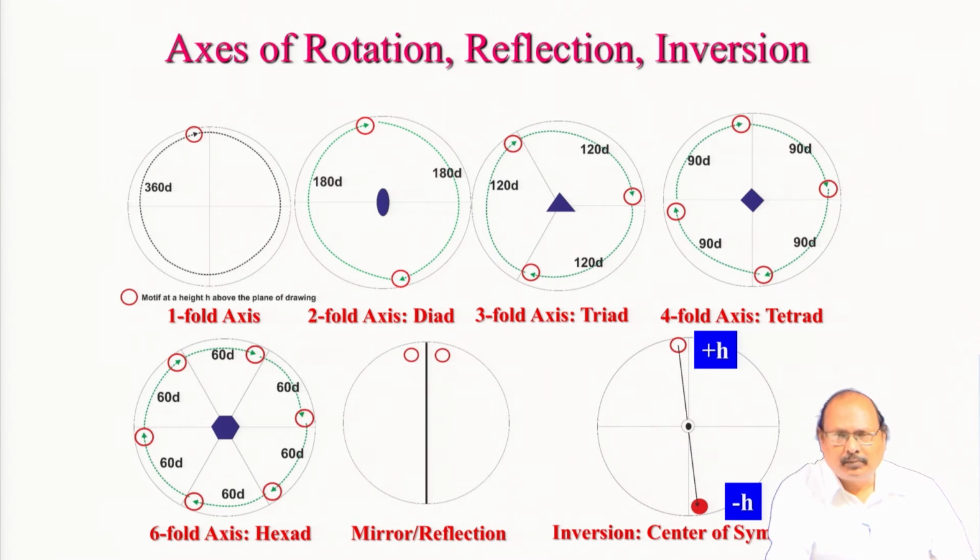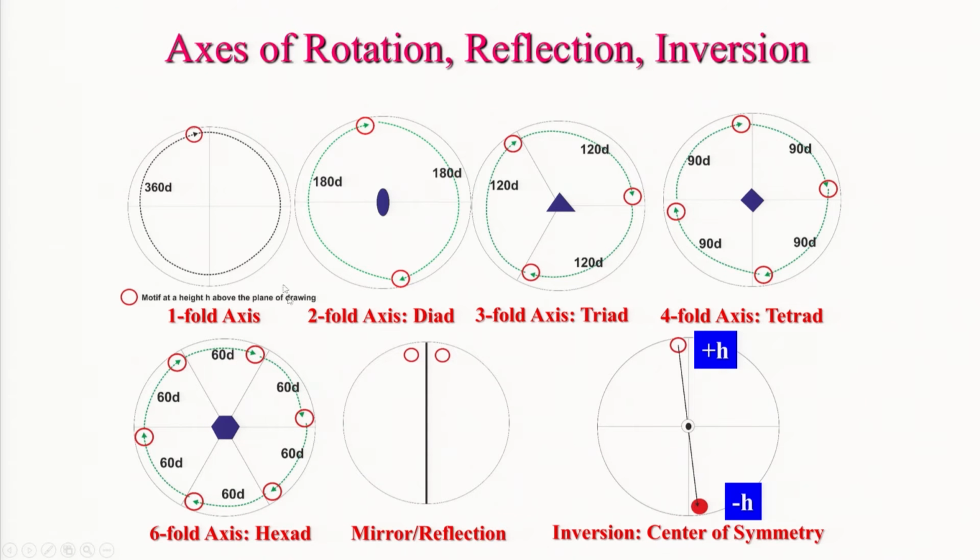In this particular talk I will be using a certain methodology, a certain geometry, for all the different types of symmetry operations. I will use a circle as the plane of drawing, and I will use an open symbol or a closed symbol as a motif.